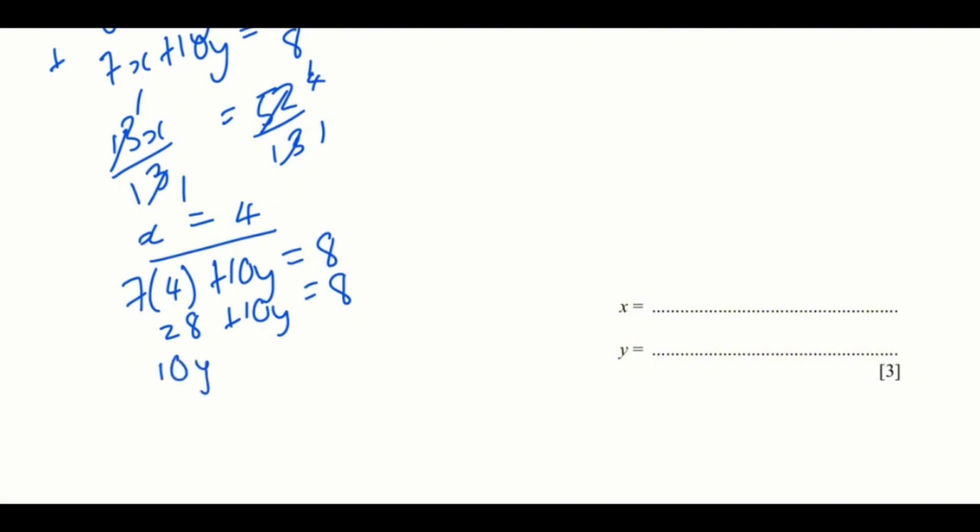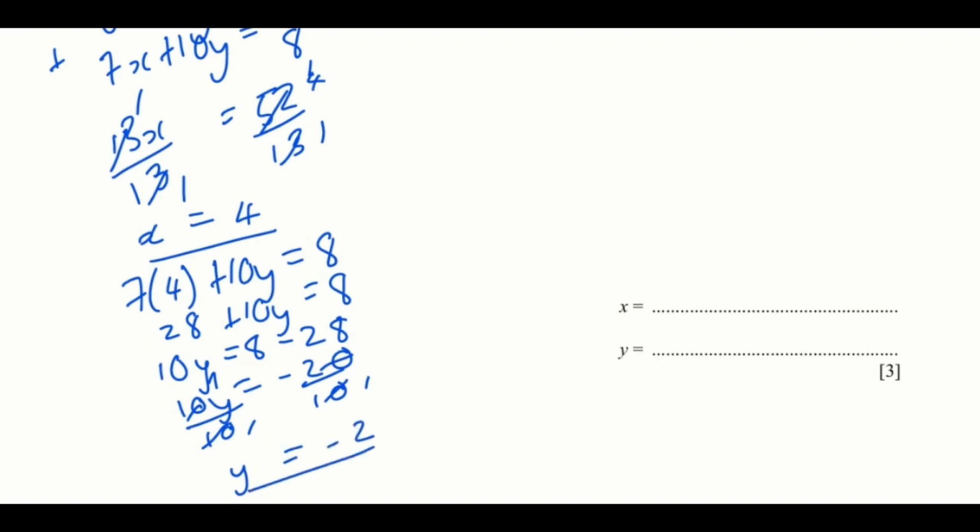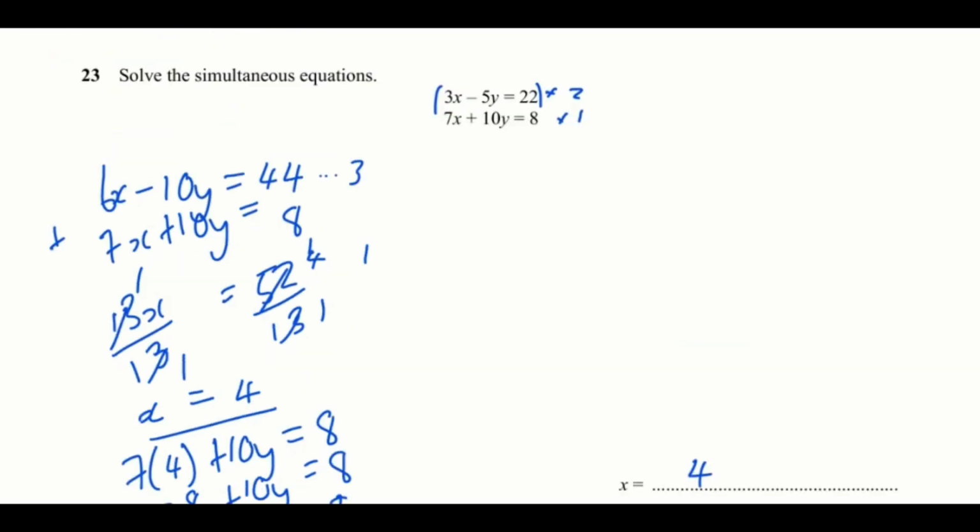And then 10y equals 8 minus 28. 10y equals minus 20. Divide both sides by 10. Here it's 1, here it's minus 2. So y equals minus 2. You can check by substituting these values into any one of the original equations and see if your solutions are correct.